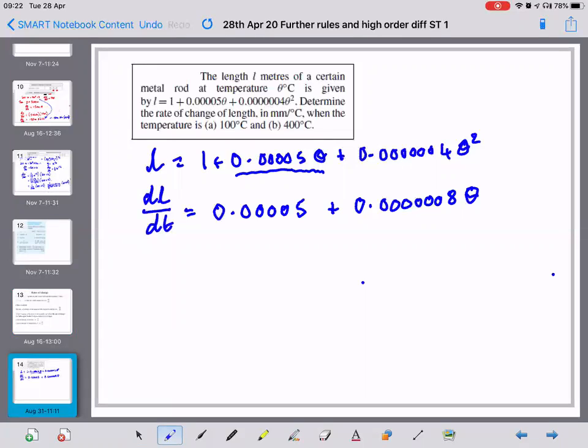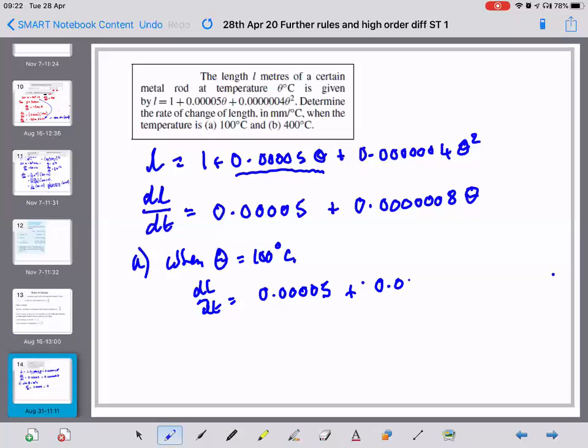Then when theta is equal to 100 degrees C, dL by d theta equals 0.405 plus 0.00012 times 100.